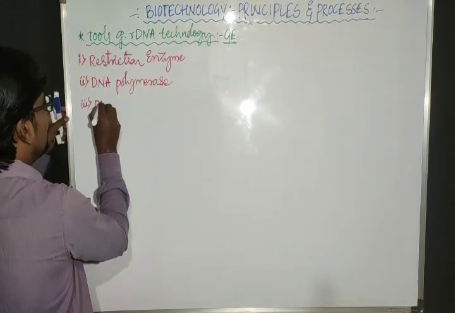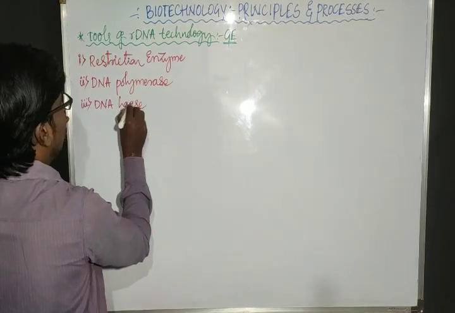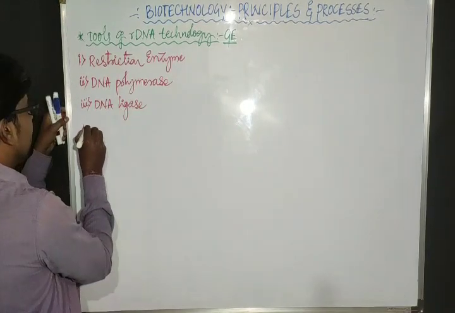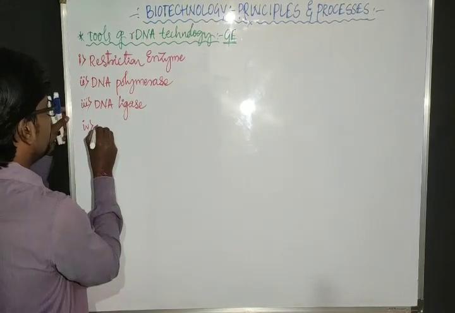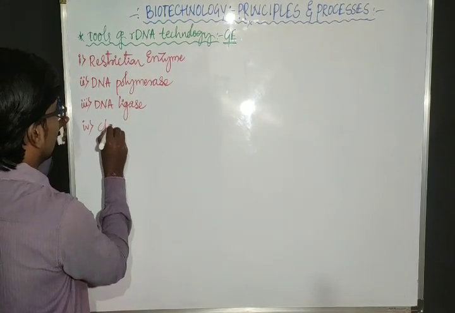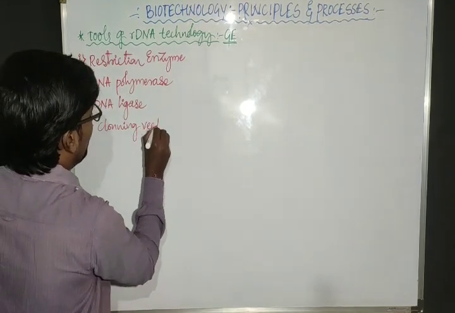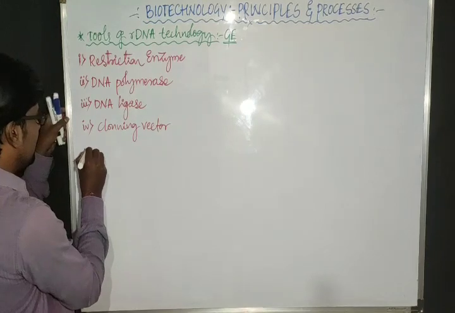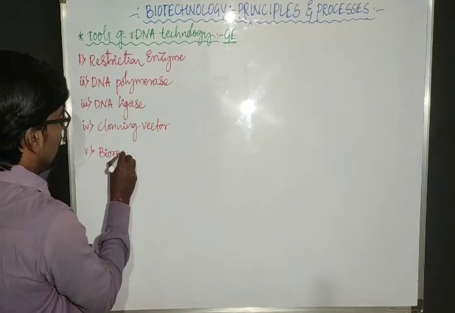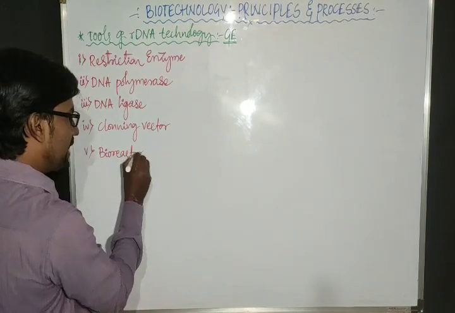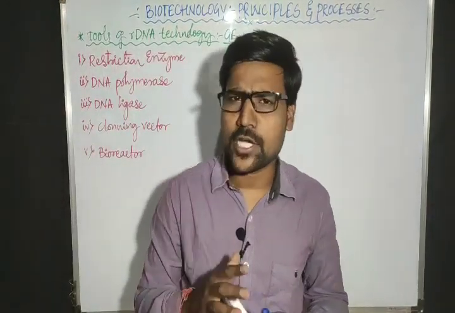Third tool, DNA ligase enzyme. Fourth tool, cloning vector. And the last tool, bioreactor. Yes, we have 6 tools, major tools.